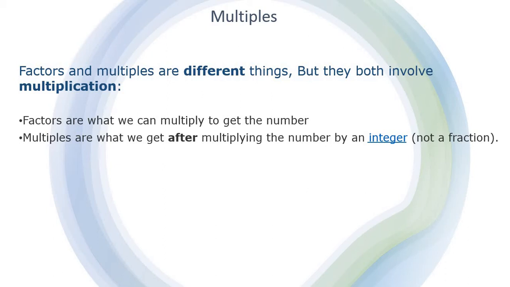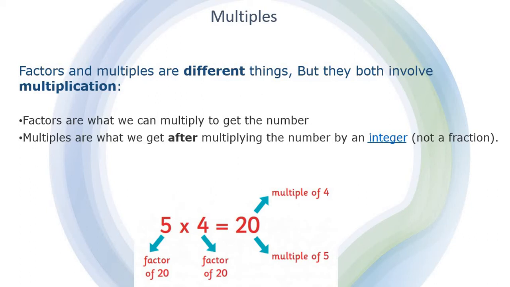What is the meaning of multiples? The multiples are what we get. So we call the answer the multiple, okay? It's what we get after multiplying the number by an integer, not a fraction. If you multiply two numbers together, here you have 5 times 4, we call 5 a factor, 4 a factor, and 20 a multiple.